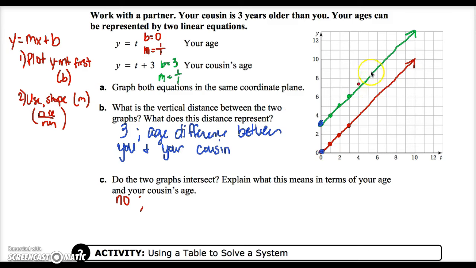Okay, if this green line is your cousin and this red line is you, if those lines were to intersect, that means that at some point you and your cousin would be the same age. And you guys know that's not true. If he's 3 years older than you, there is no point where you will be the same age. So, what does this mean in terms of your ages? You will never be the same age.